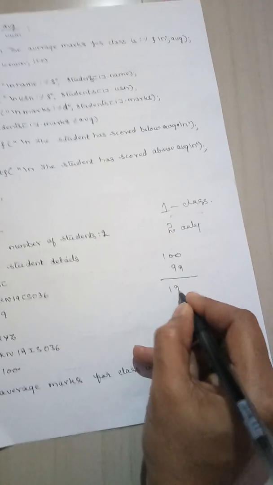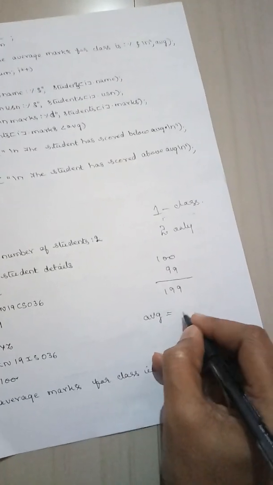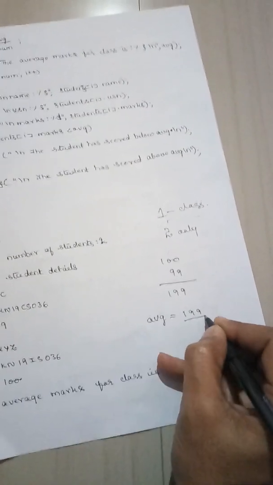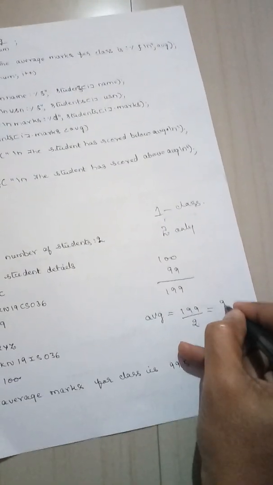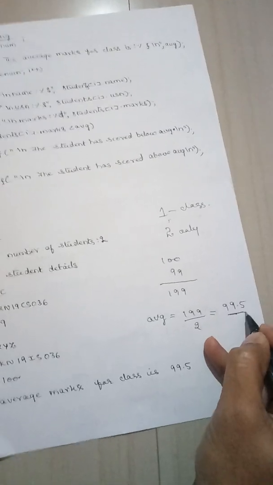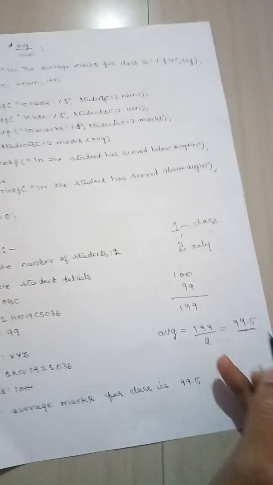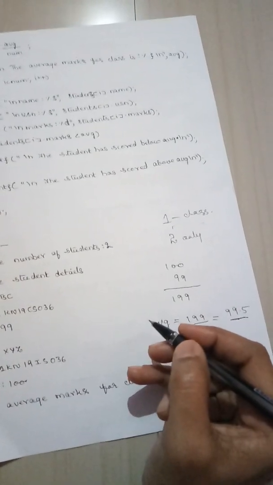It becomes 199. Now find the average of the two students. 199 divided by 2 is equal to 99.5, that is the average.